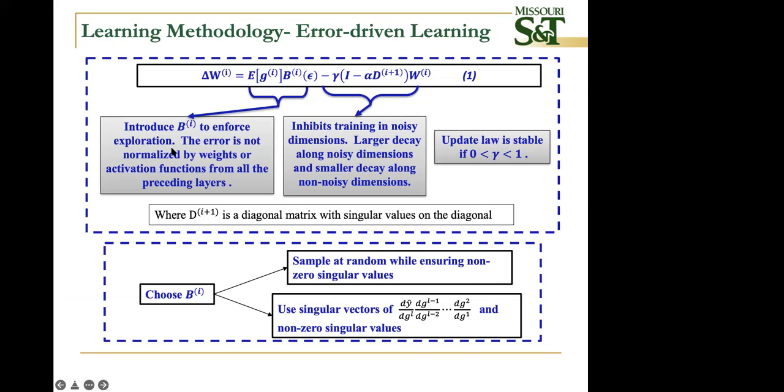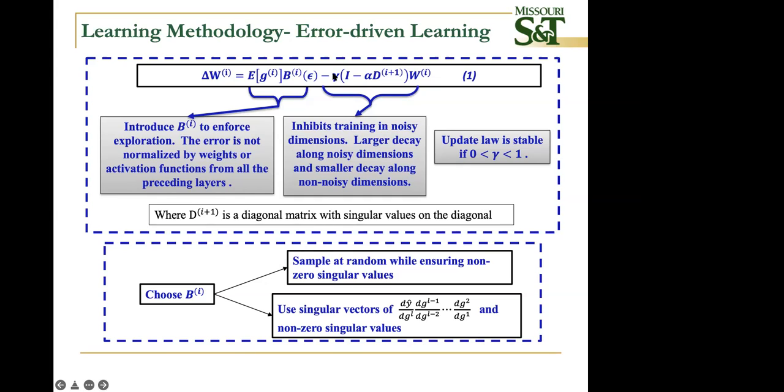The exploration is the perturbation term. And you add an extra term which inhibits training in noisy dimensions. Remember I talked about the noisy dimensions? So larger decay along noisy dimensions, smaller decay along non-noisy dimensions. If you do that, then we can mitigate the vanishing gradient problem. We can inhibit noisy dimensions, and we can also prevent noise from affecting it.